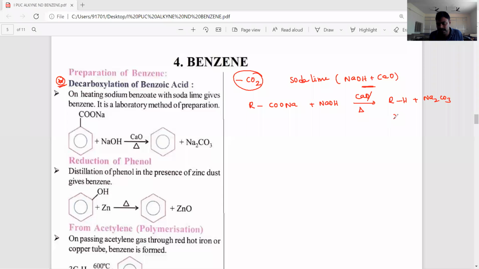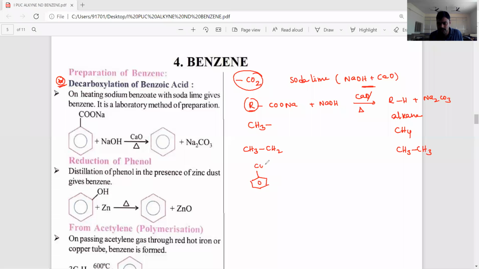The alkane is the product. When R is CH3, the product is CH4. If R is CH3-CH2, the product is CH3-CH3, ethane.